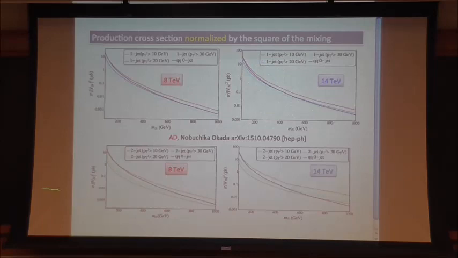And this is the two-jet process. We use the same jet cuts in the two-jet process. This is the 8 TeV and this is the 14 TeV. We notice that at 14 TeV, this 30 GeV jet cut dominates over this QQ zero-jet process at very high heavy neutrino mass, like around 800 GeV.